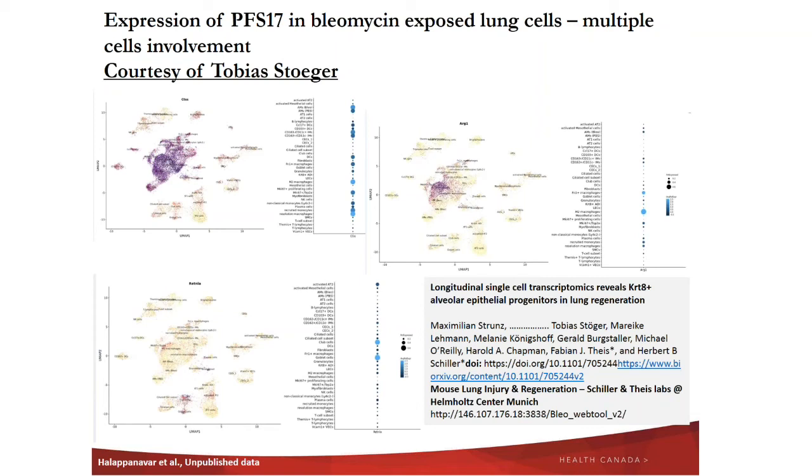Tobias actually conducted an analysis using the single cell sequencing data that he has from their own studies, where they have lung cells exposed to bleomycin, and he ran this 17 gene panel in that particular model, and showed that all 17 genes are expressed in bleomycin exposed lung cells, and they are expressed at varying degrees.